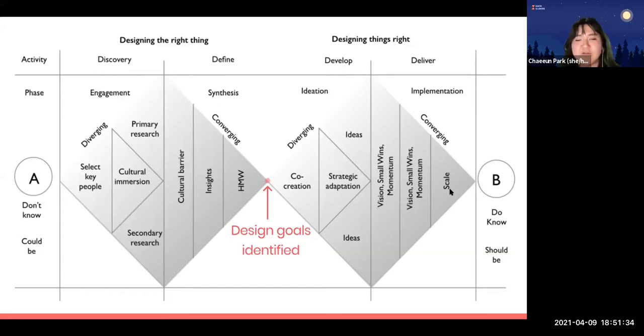So at this stage, you have a lot of questions and a lot of uncertainty. So the discovery phase really helps fill in some of these gaps. You want to collect information here that's relevant to your area of interest. So you want to diverge and learn as much as you can, basically.